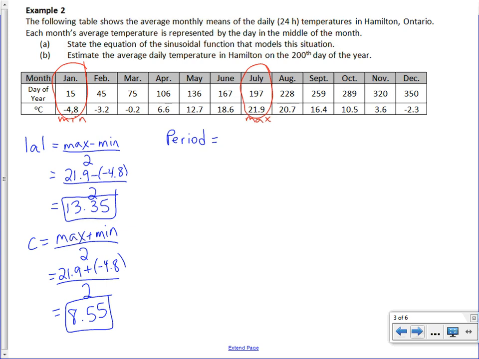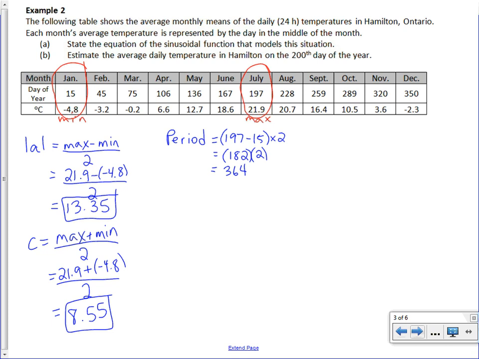So could you find how many days have passed between the max and the min? Yeah. But then is that the period? No. That's half a period. You'd have to then times by 2. Yes. So if you do 197 minus 15 and then times by 2, you get 182 times 2, which is 364.